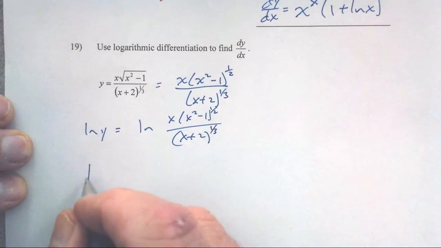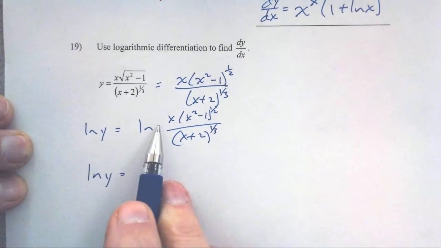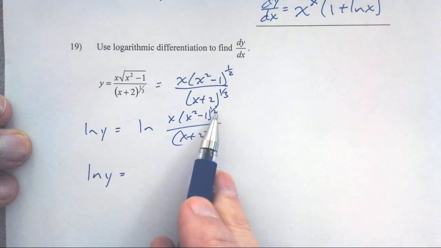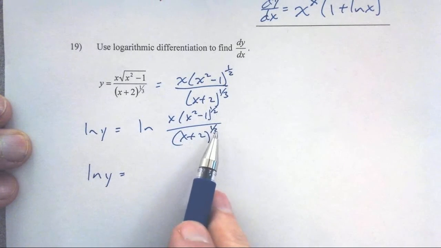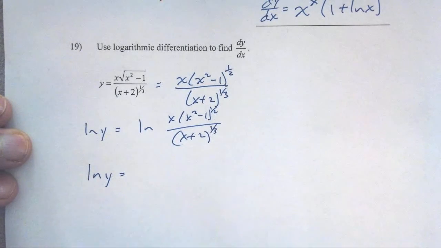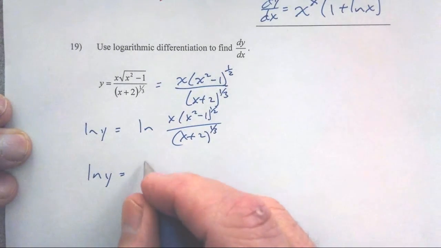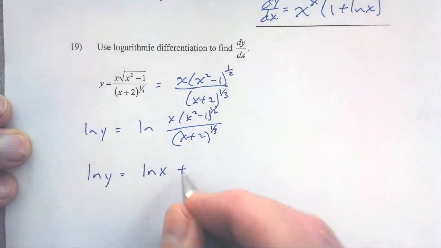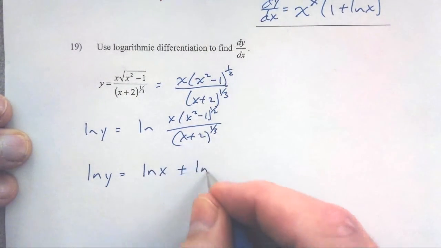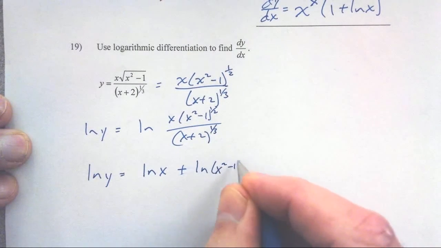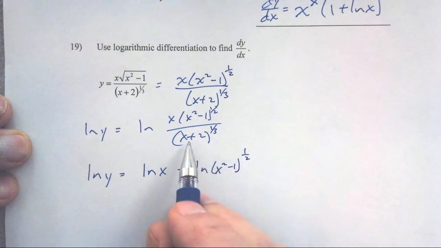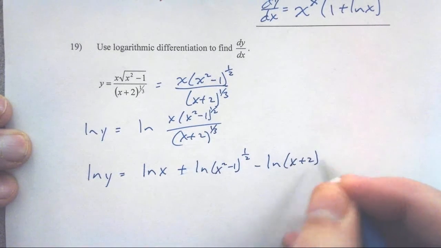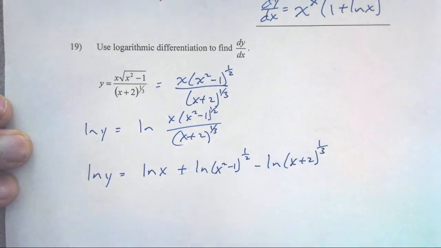But what we know about logarithms is if everything is a factor, like x is a factor of the numerator, (x squared minus 1) to the 1/2 is a factor, and (x plus 2) to the 1/3 is a factor of the denominator, all of my factors of the numerator become positives. So this is ln x plus ln (x squared minus 1) to the 1/2, and in the denominator, minus ln (x plus 2) to the 1/3.